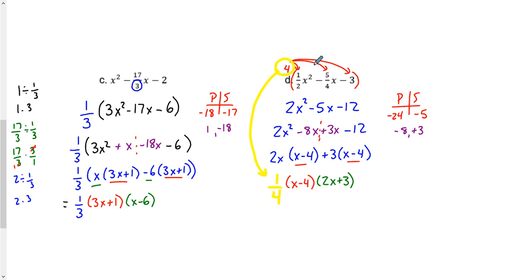So this allows us to still have factored this correctly, because if we just ignored our 1/4, that means that we'd have x times 2x, which is 2x squared.